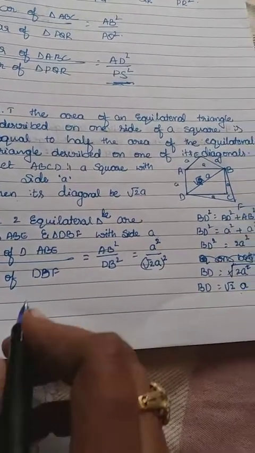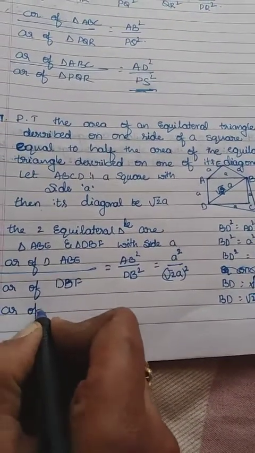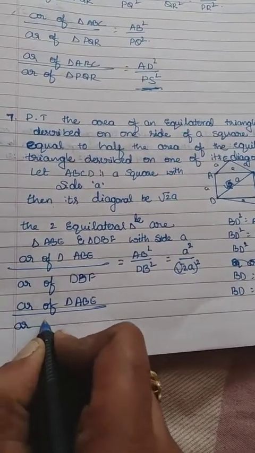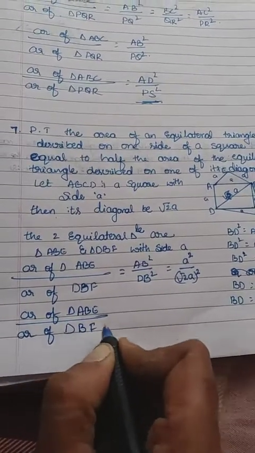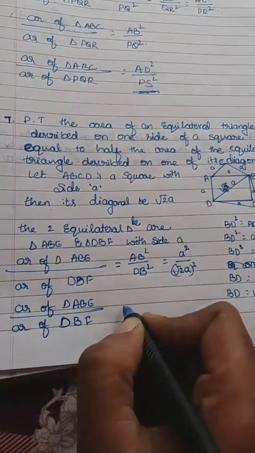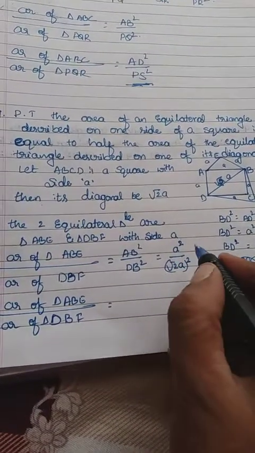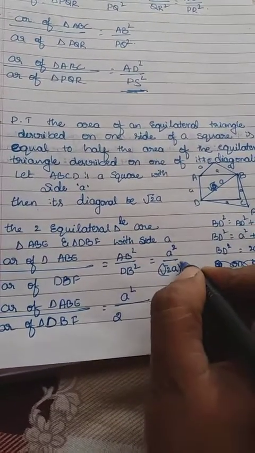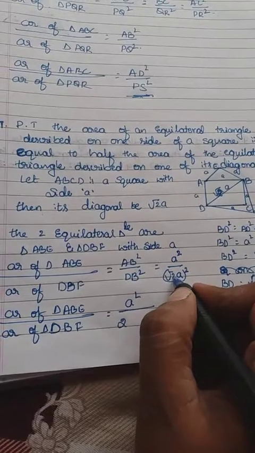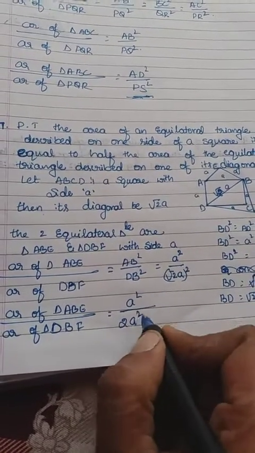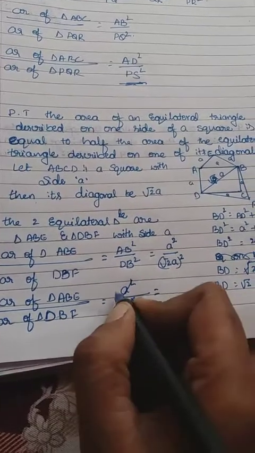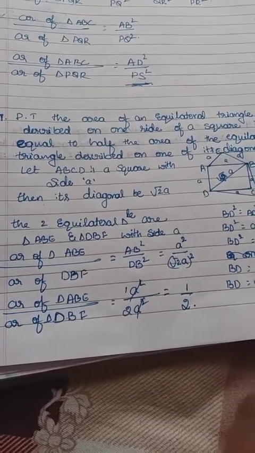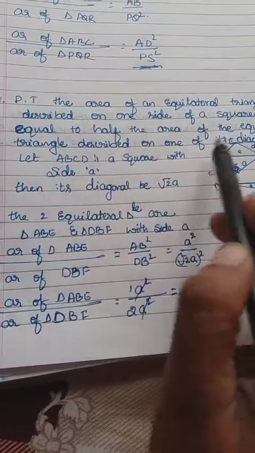It will be there in the formula. So area of triangle ABE divided by area of triangle DBF equals A square divided by root 2 A whole square. The square and root 2 cancel, leaving 2, so A square upon 2A square. A square cancels, remaining 1 divided by 2. Okay, that is what we were proving.